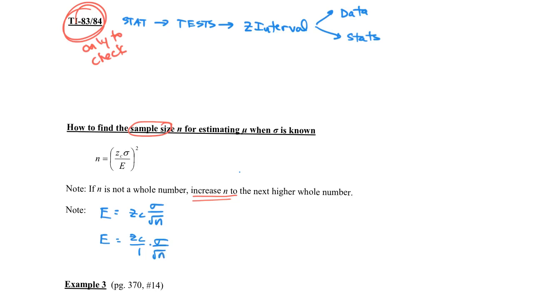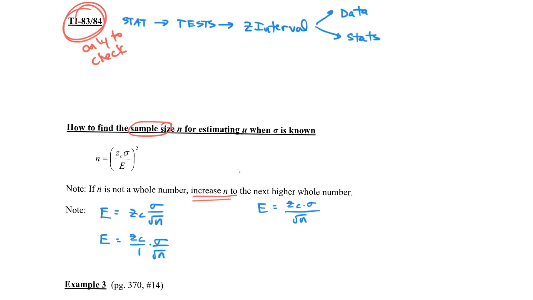So algebraically, Z sub C times this is the same as Z sub C over 1 times this, because it's just some number like 1.96. 1.96 over 1 is the same. I'm just doing it like this because then we have a fraction times a fraction and we multiply straight across. So that would give us E equals Z sub C times sigma over the square root of n.